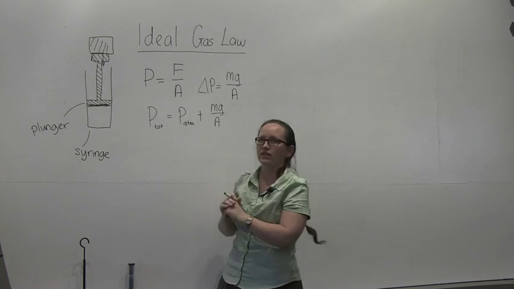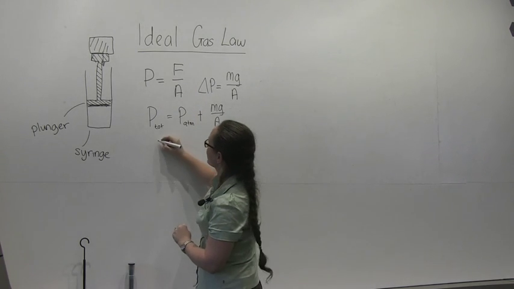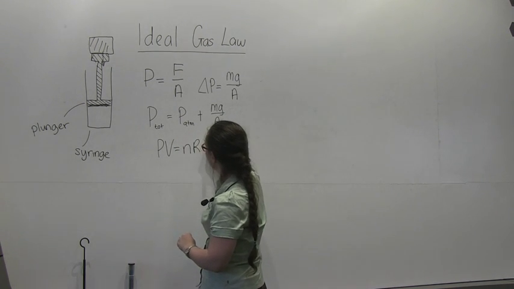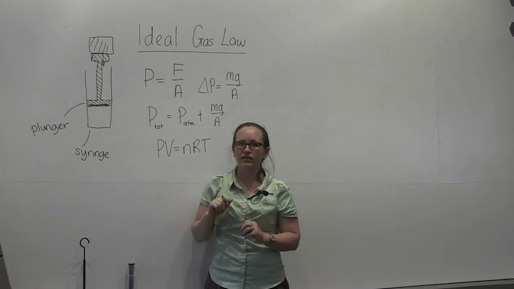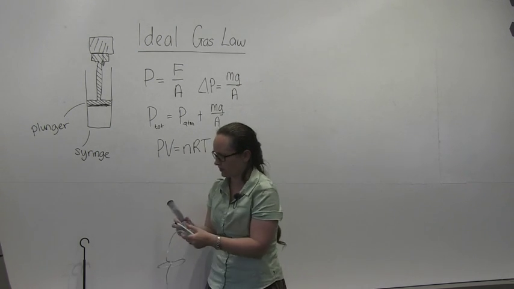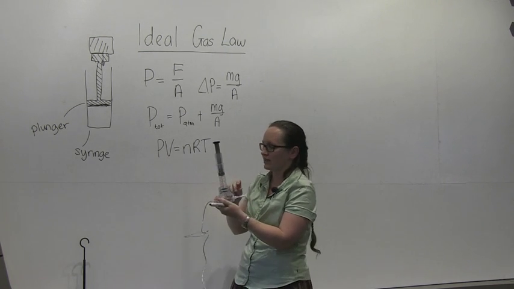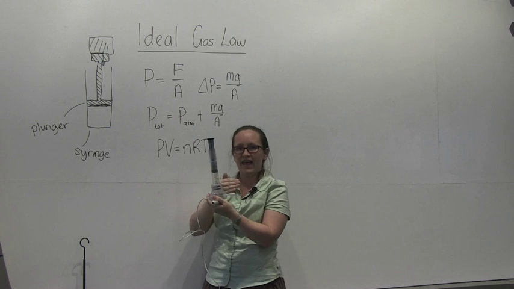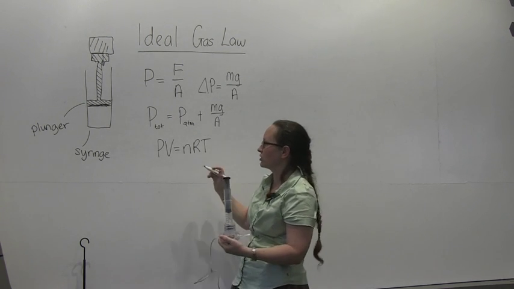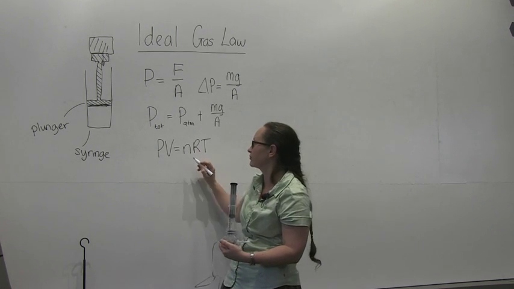In addition to this, you're going to be using the ideal gas law, which tells us that PV is equal to nRT. Now, in this first part of the experiment, you're going to fill the syringe up to some initial volume, and then you're not going to let the air in or out after you've done that. Because the air is not going in or out, n, the number of moles, will remain constant.